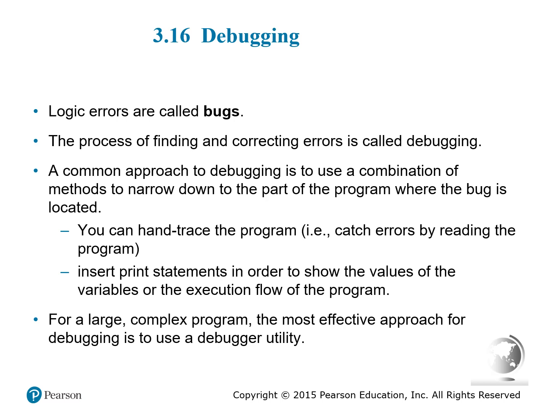This will help us isolate the error. Finally, for larger, more complex programs, we can use the debugger that's integrated into our IDE. We will not cover the Eclipse debugger in this class, but the curious student should refer to the supplemental material in the online textbook for more information.